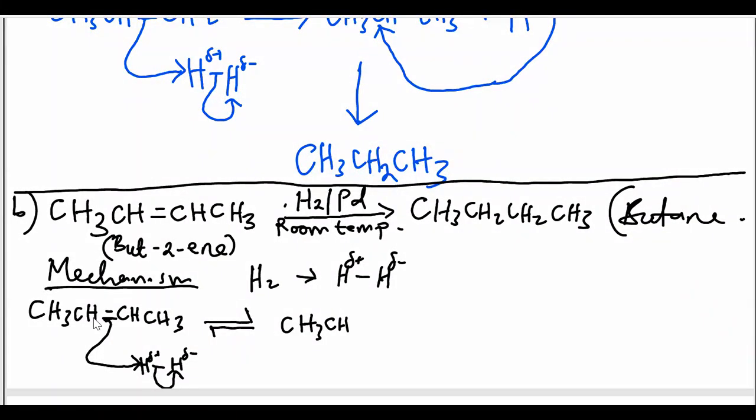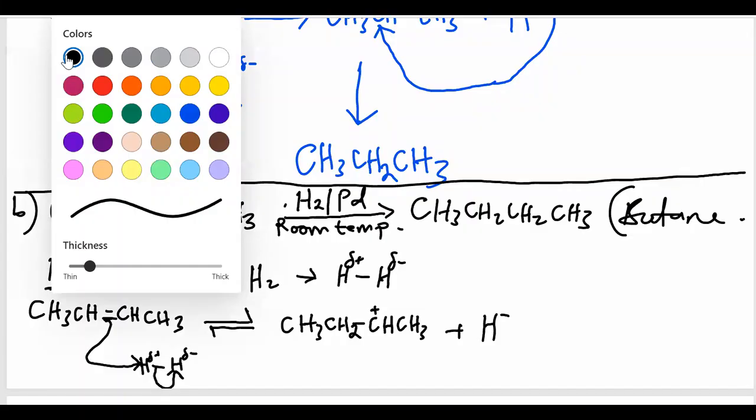So this hydrogen is going to attach to this carbon atom. So yes, form a CH2, and then you still have a single bond now, CH. Then a CH, that is a carbocation. Oh, carbocation. So there is a positive charge here. Yes. Then plus our negative hydrogen.